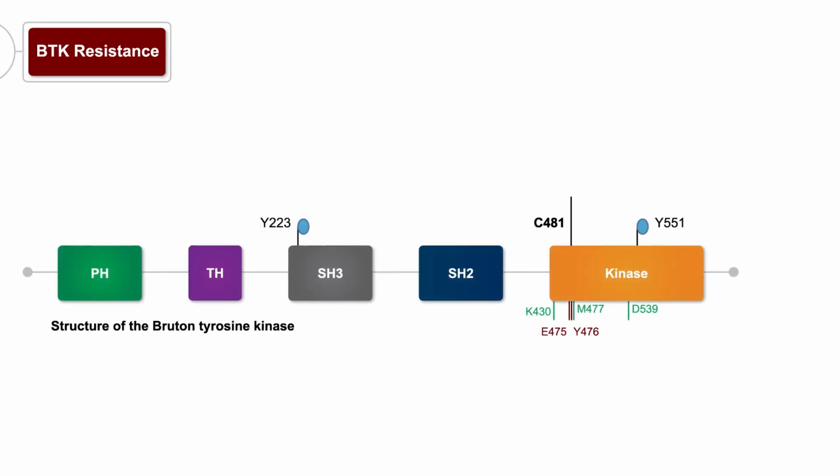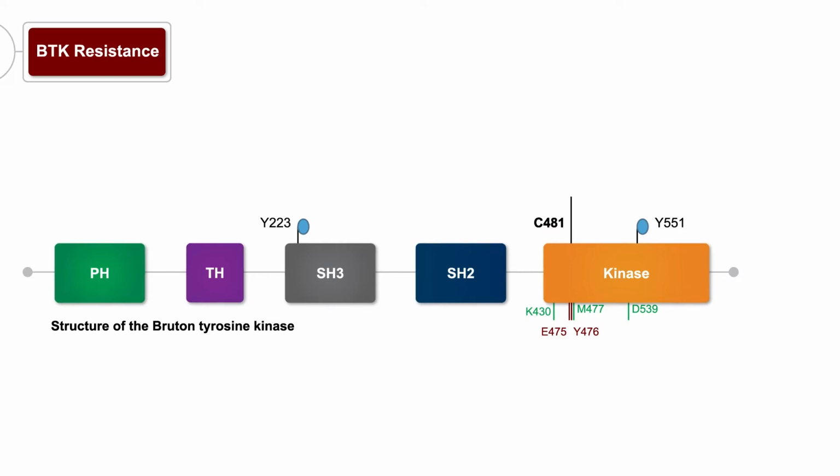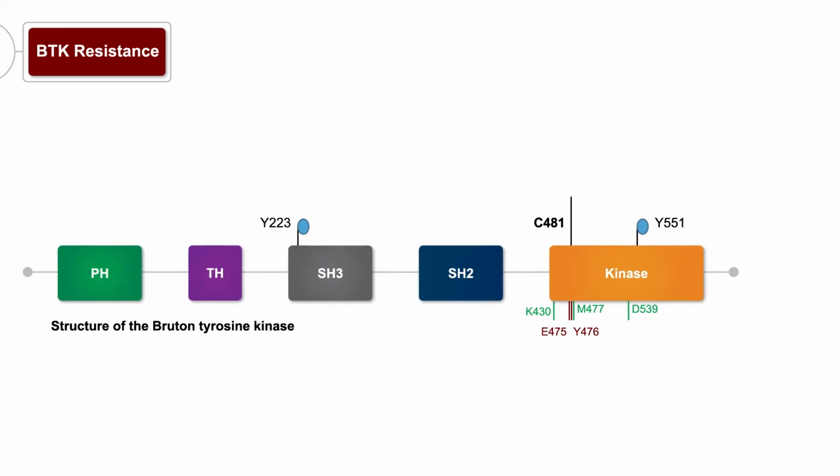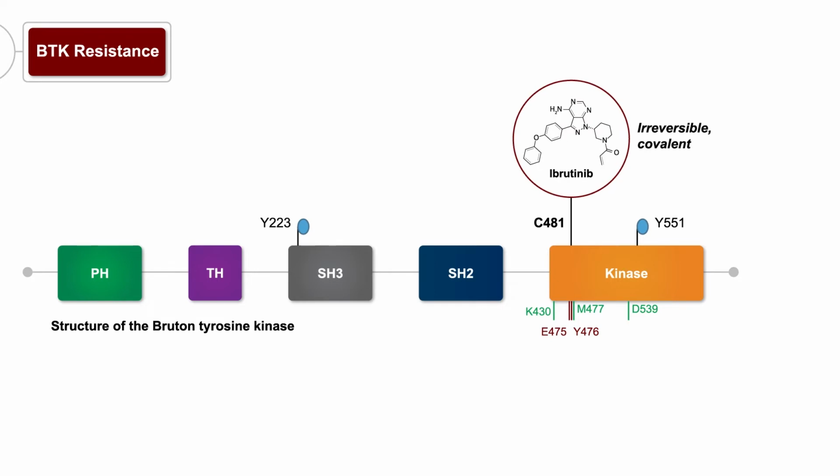So let's take a closer look now at BTK resistance. Here's a structural schematic of BTK. So you see here the C481 binding site and the structure of the BTK protein. Ibrutinib works by inhibiting the BTK protein at the C481 site, and it binds it in an irreversible covalent fashion.